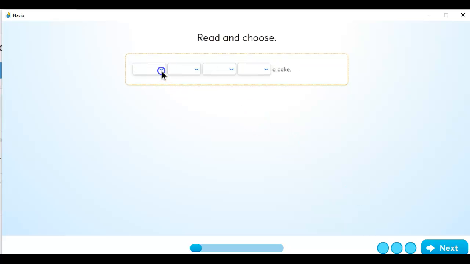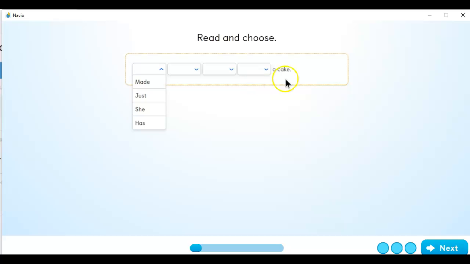Let's do together the next one. I'm going to show you the options. You have to write the sentence on a piece of paper and then we correct it together. Did you write the sentence? Let's do it together now.